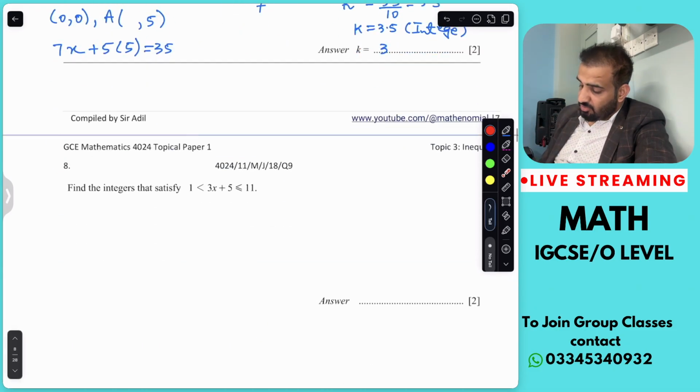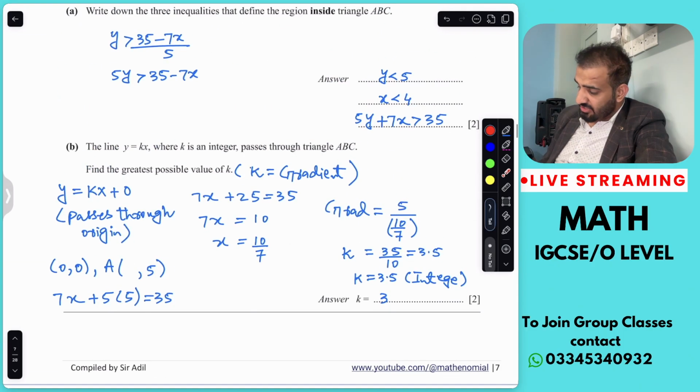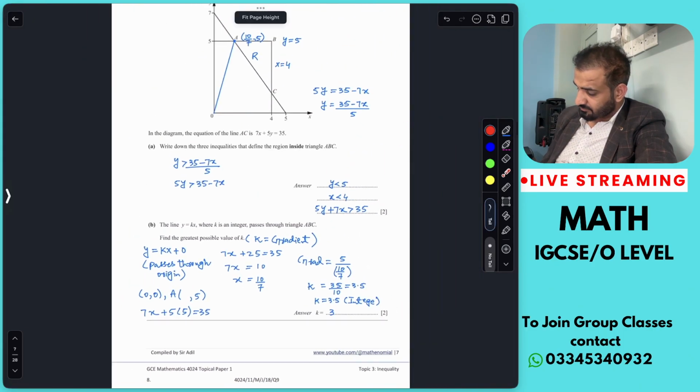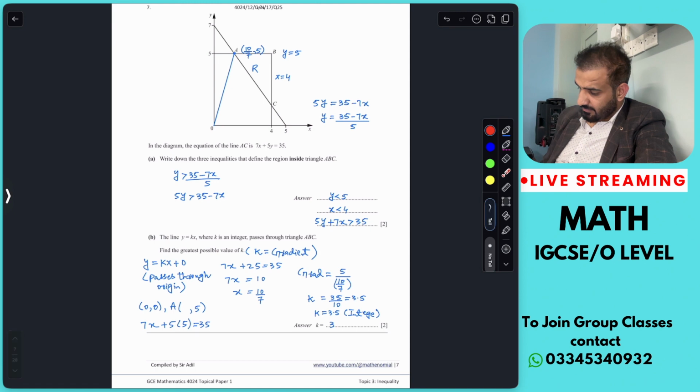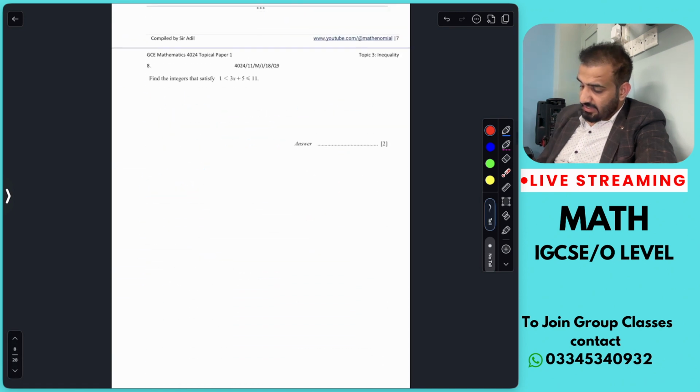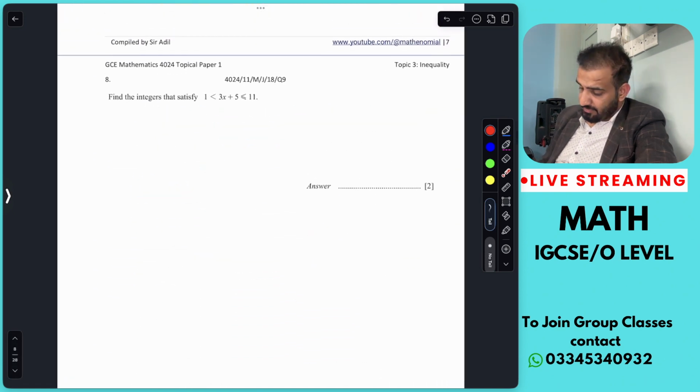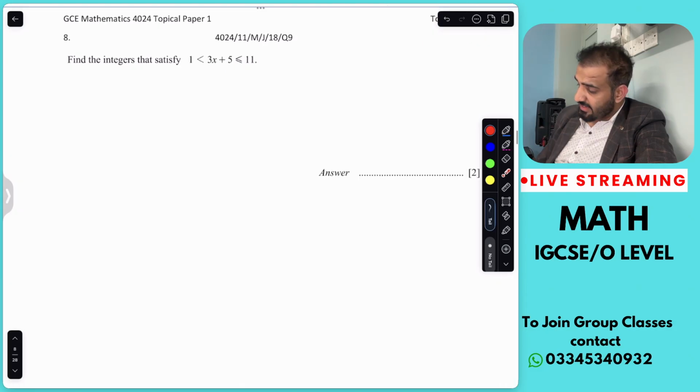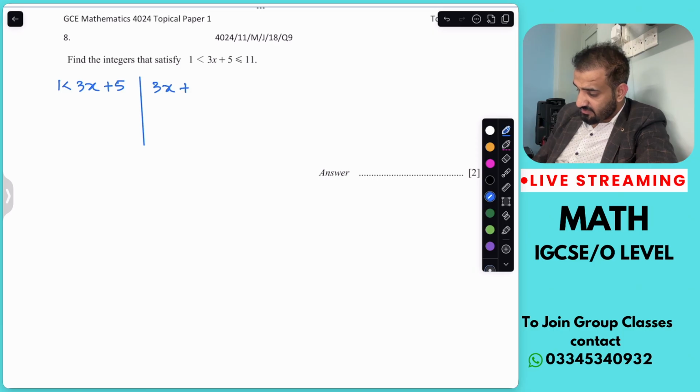Okay. Moving on to question 8, you can take a screenshot for this. Question 8: find the integers that satisfy 1 less than 3x plus 5 and 3x plus 5 is less than or equal to 11.